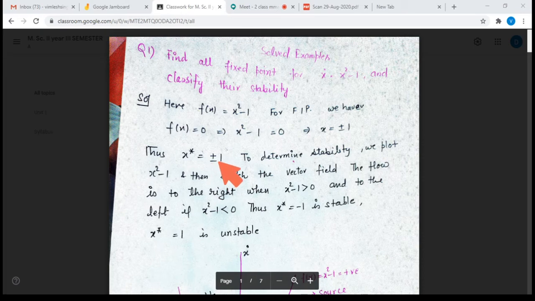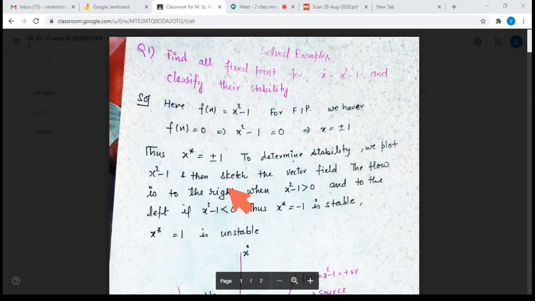For finding the stability or instability of a fixed point, we plot the graph. We consider x as the position of an imaginary particle moving along a real line, and x dot as the velocity of the particle. x dot equals x square minus 1 represents the vector field.